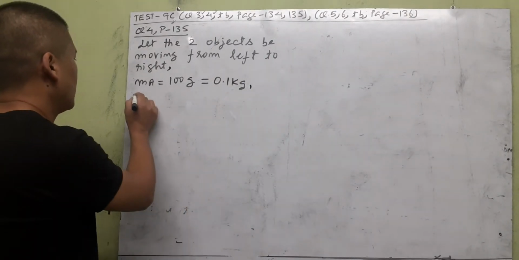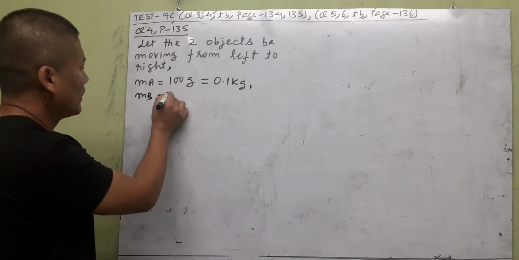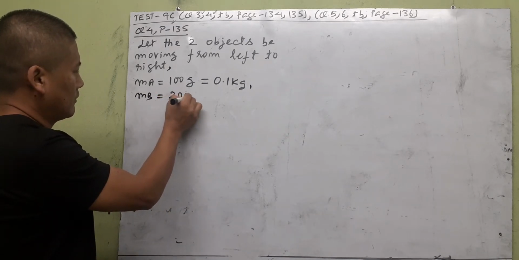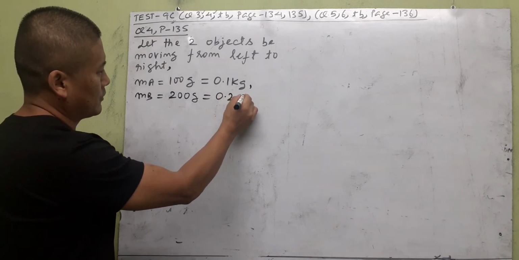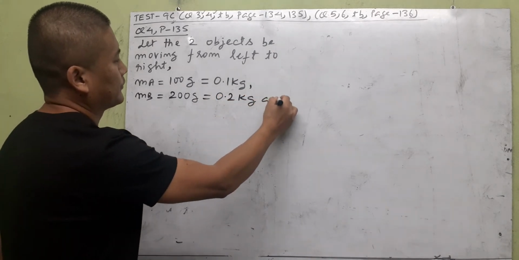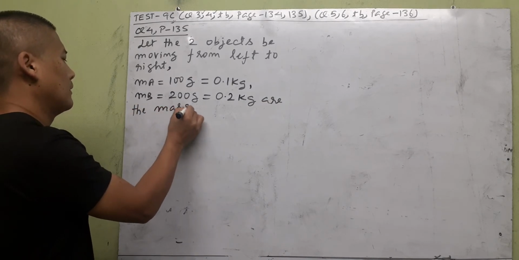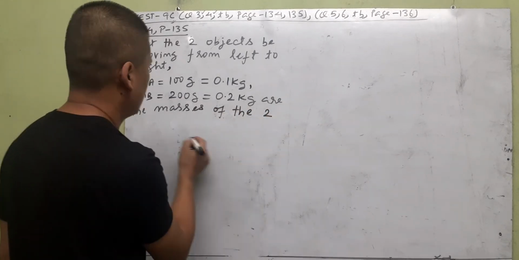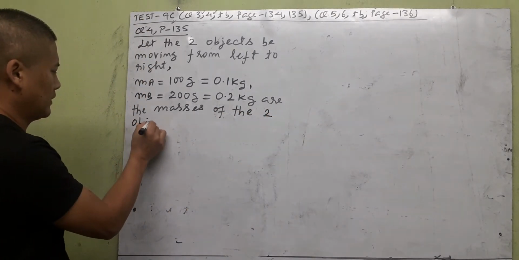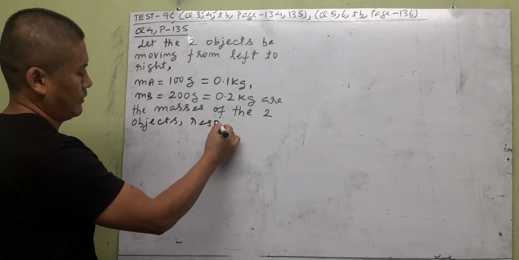MB is equal to 200 grams, which is like dividing by 1000 again, 0.2 kg. These are the masses of the two objects respectively.